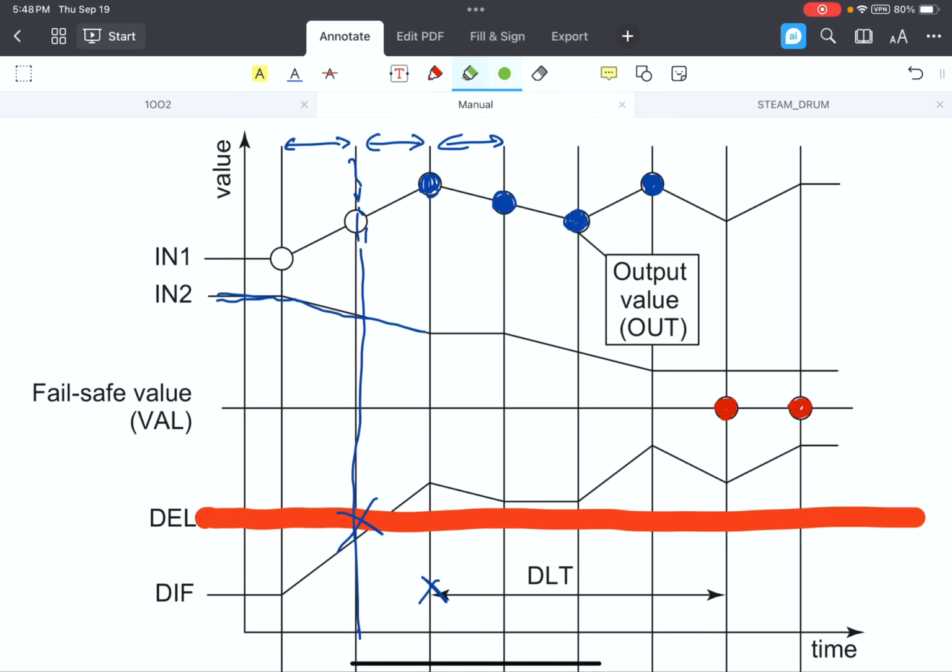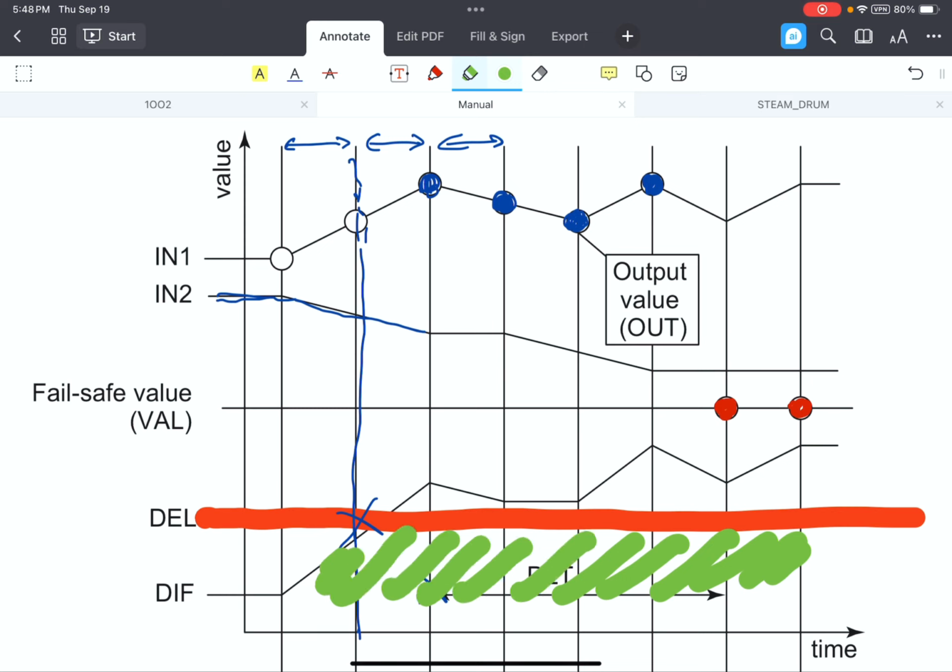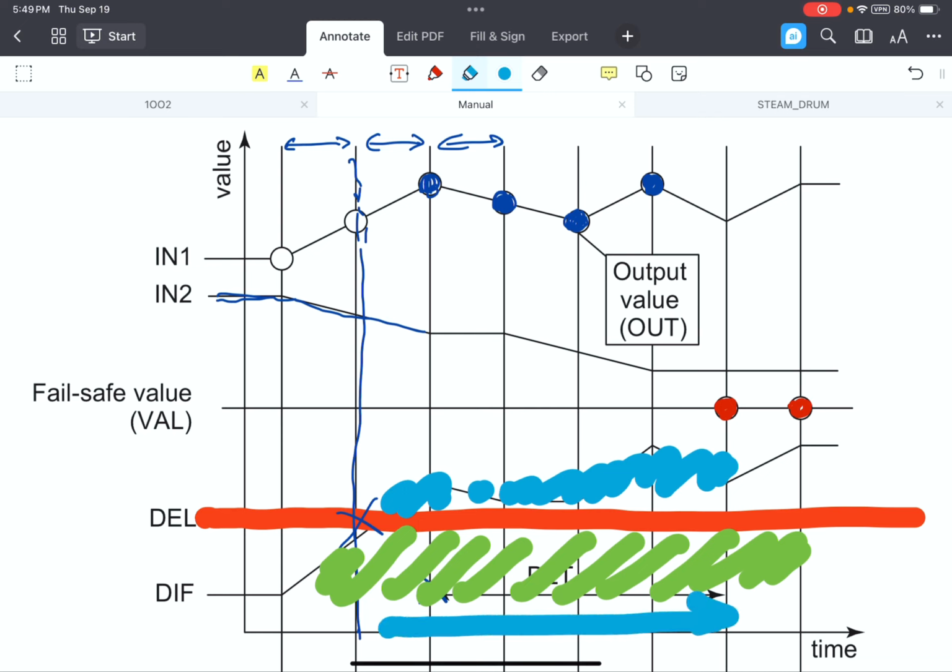So when the deviation is more than this area, and if it stays in that area for a long period of time, more than delta, that will be a shutdown. The shutdown will be reported, and we need to press acknowledge to reset the shutdown.